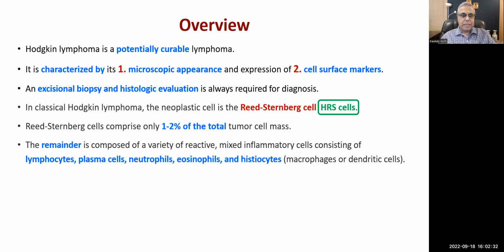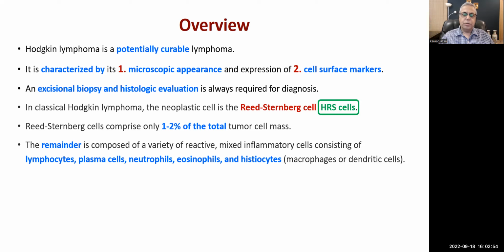The remainder of the cells are composed of a variety of reactive mixed inflammatory cells consisting of lymphocytes, plasma cells, neutrophils, eosinophils, histiocytes, which include macrophages or dendritic cells. All right. So quite a mixture of cells.